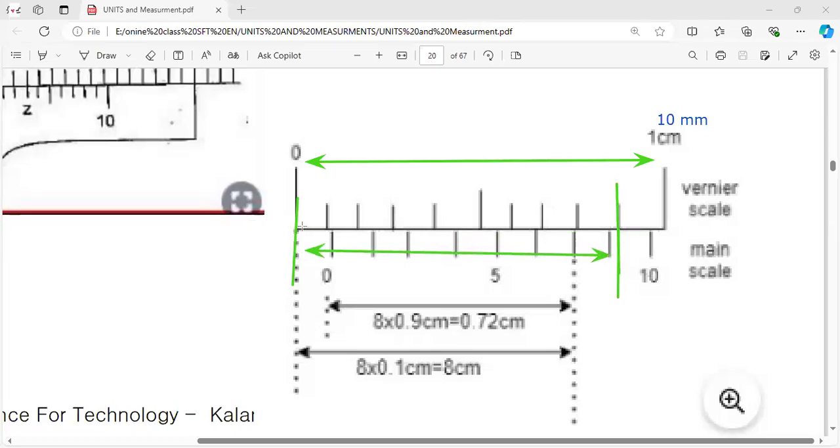So from here to here it is 9 millimeters, this distance. The 9 millimeters is again divided into 10 parts.